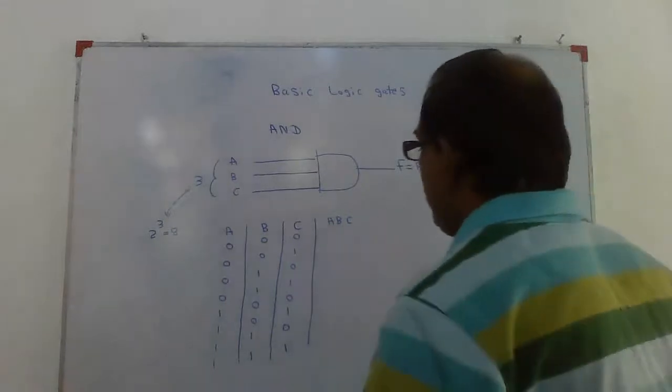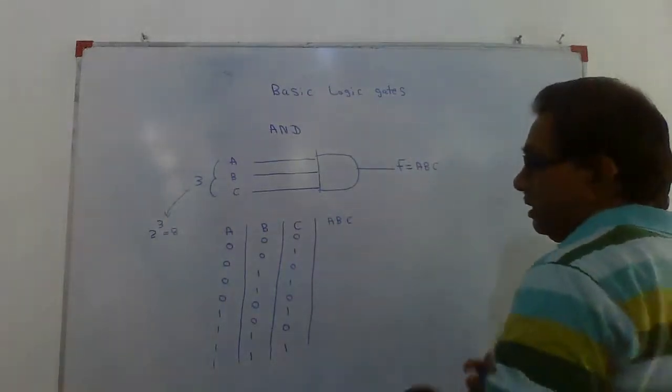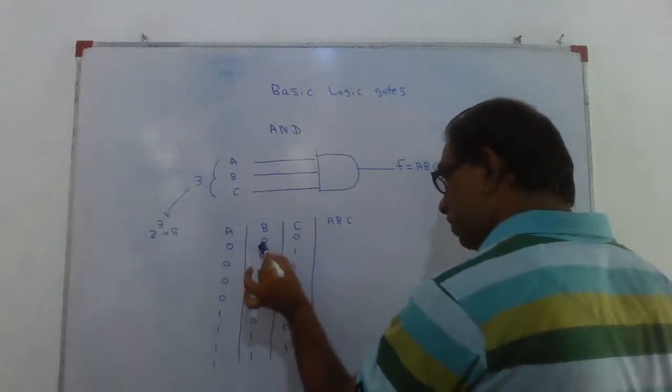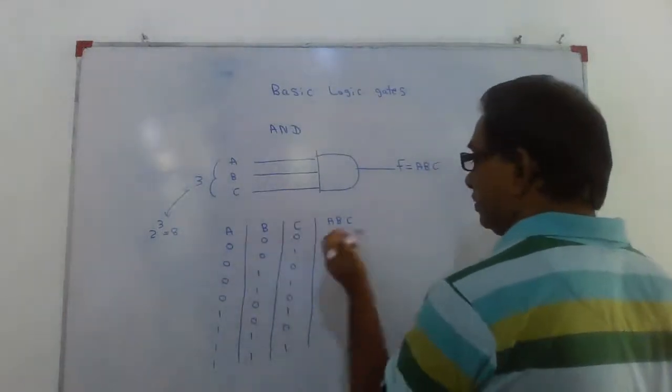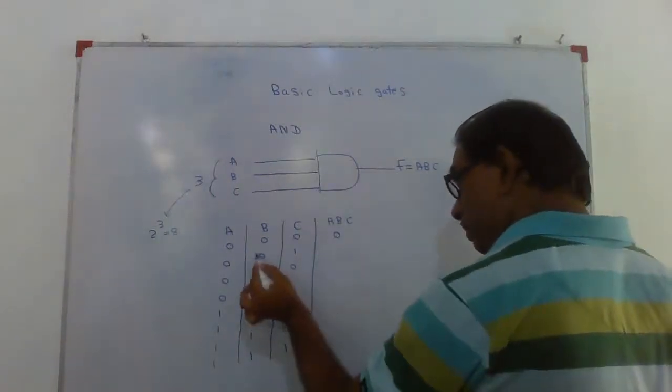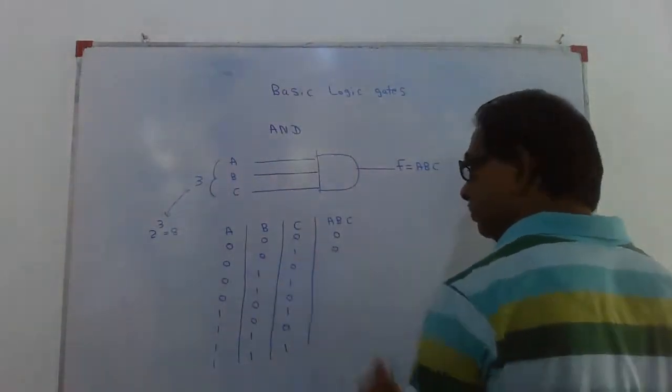Now, how to fill this? We have to do it one by one. 0 into 0, 0. Again 0 into 0, 0. 0 into 0, 0. 0 into 1, 0.